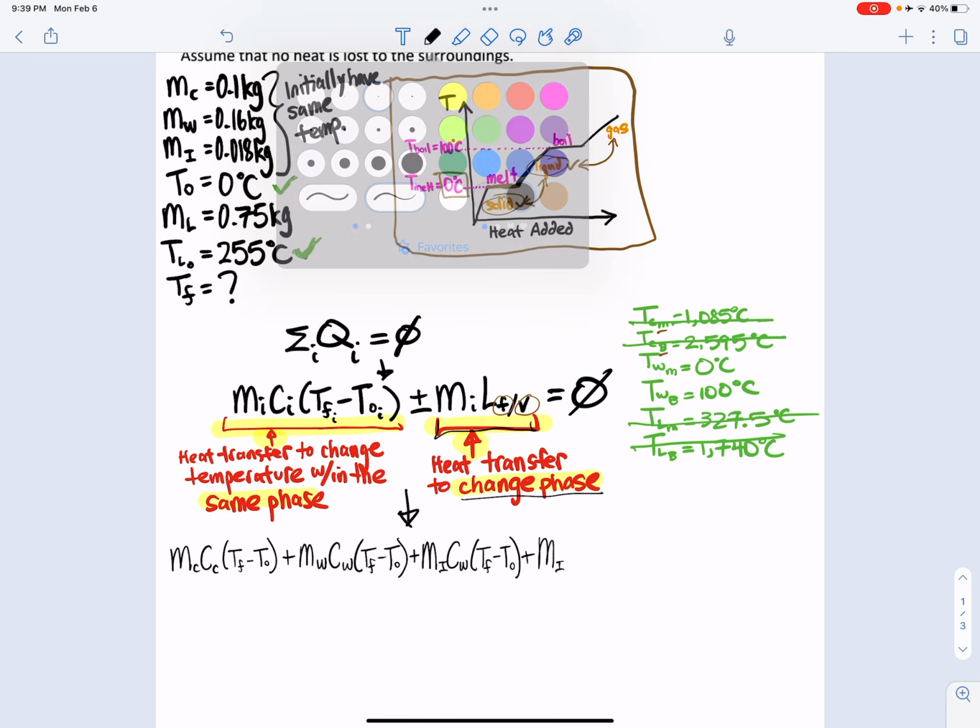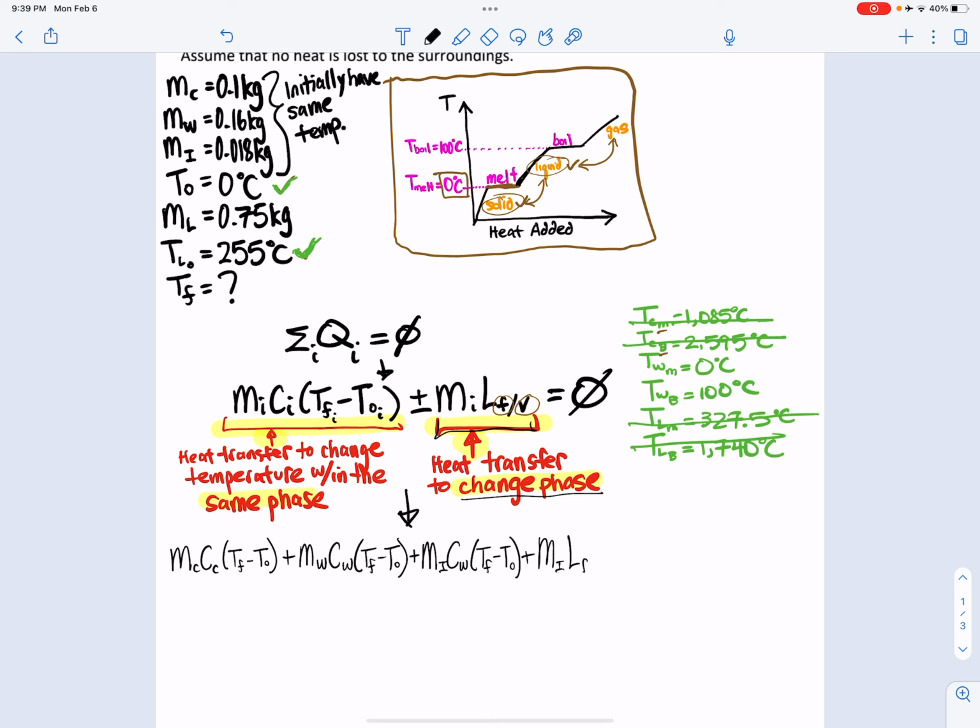So I will use times the latent heat of fusion of water plus the mass of lead times the specific heat of lead times a change in temperature of lead. So the T final, since they all reach thermal equilibrium. But remember, lead was added at a later time, and the initial temperature of lead was 255 degrees Celsius. So minus temperature of lead initially. Okay, and that's all going to equal 0.